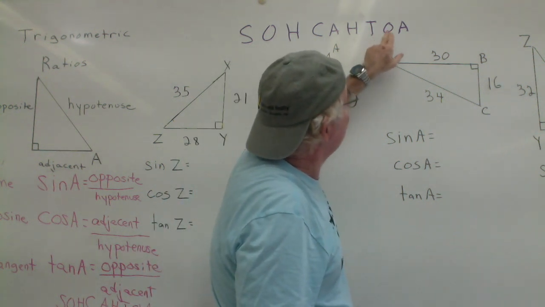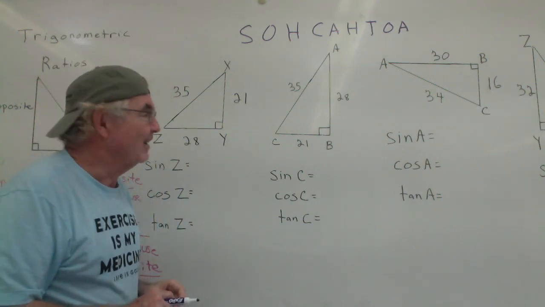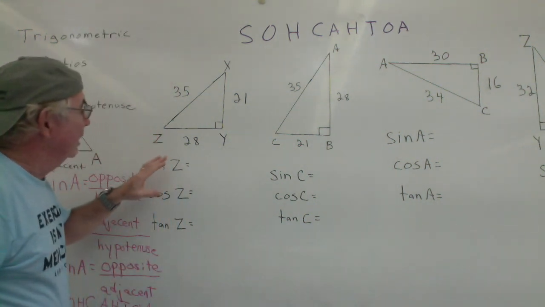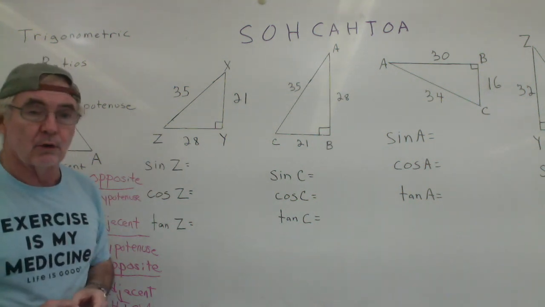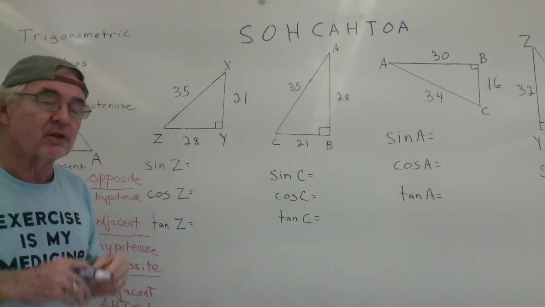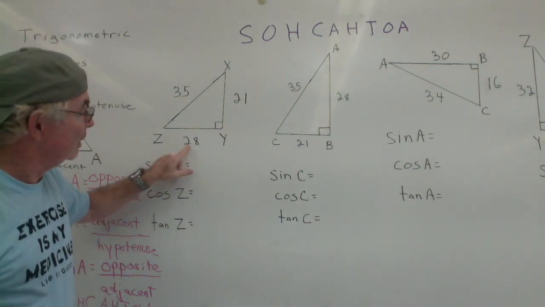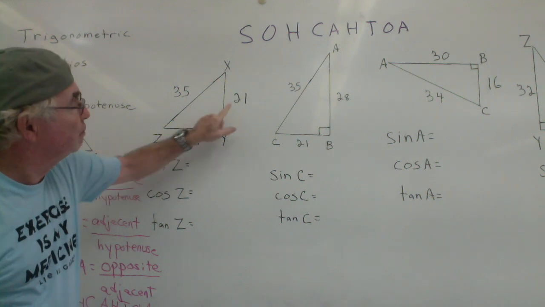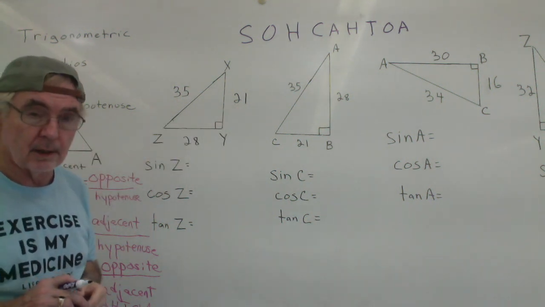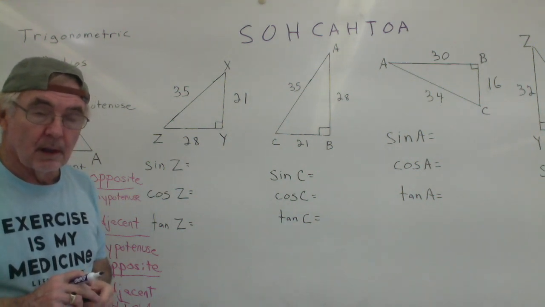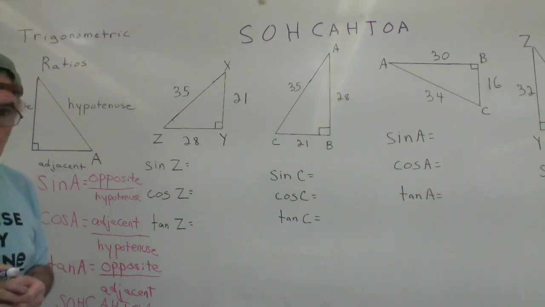Tangent, opposite over adjacent. Okay, so here we go. Let's look at the first one. Now, just so you know, all these triangles satisfy the Pythagorean theorem, which means leg squared plus leg squared is hypotenuse squared. So they all satisfy the Pythagorean relationship.